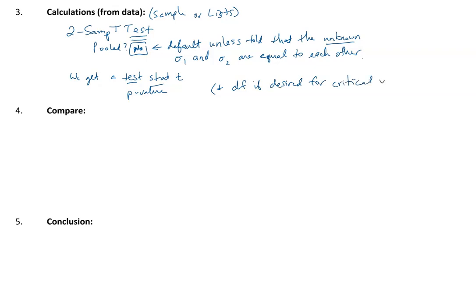There's no pressure to use that value. And in fact, I don't think that our book does in the back of it. And so we'll see that when we get to the calculator.